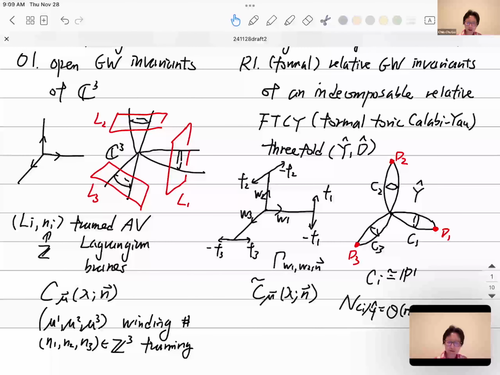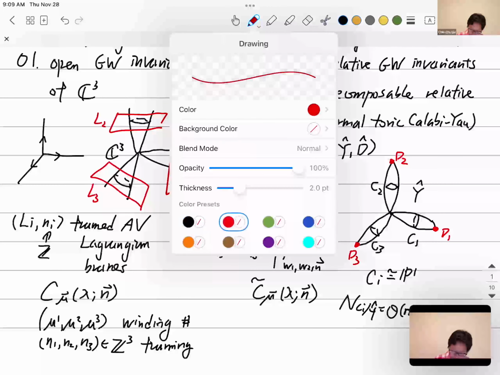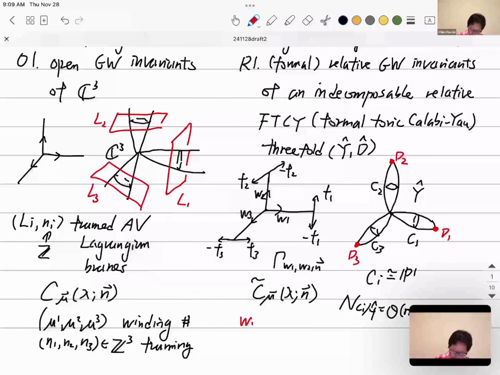So you see this graph, because our vertex has W1, W2, and W3, which are weights. Recall that these Wi are characters of the Calabi-Yau torus.